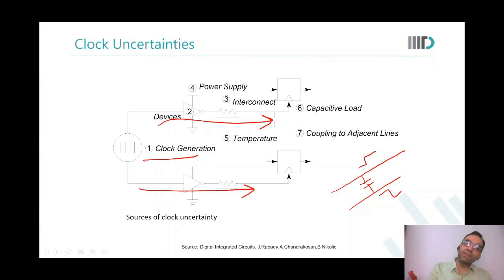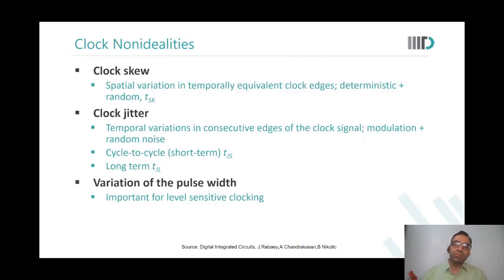And there are so many different sources of variations that could occur for the two flip-flops. This is called clock uncertainty, and this needs to be accounted for in our closure analysis. So these non-idealities include clock skew, clock jitter, and variation in pulse width.